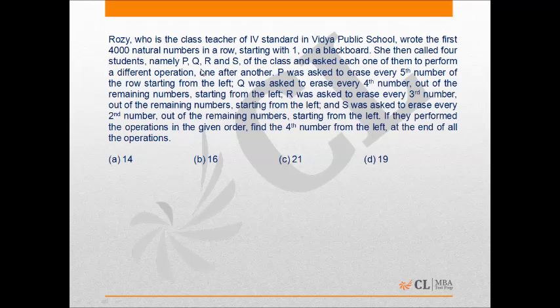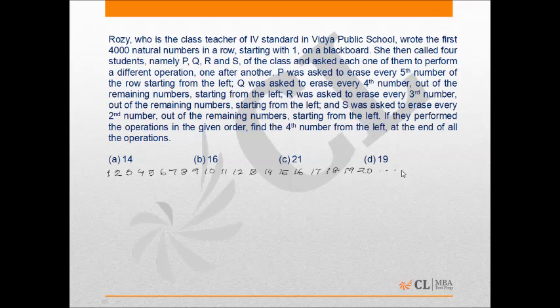I mean, it looks like a very lengthy one, but it's the simplest of all. So let's see what Rosie, the class teacher, asked the students to write. She asked them to write numbers from 1 to 4,000. So let's write down a few numbers. Math follows pattern.